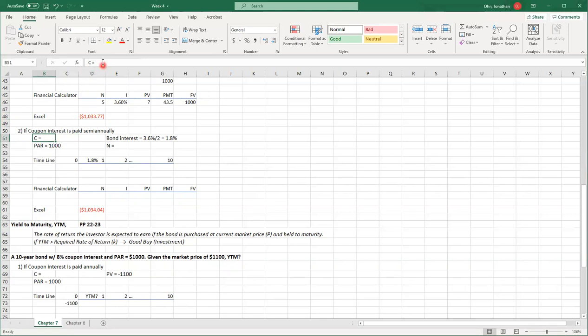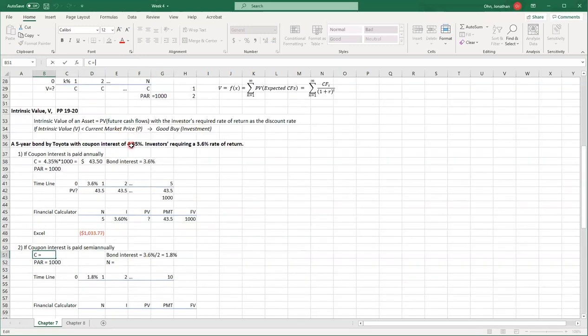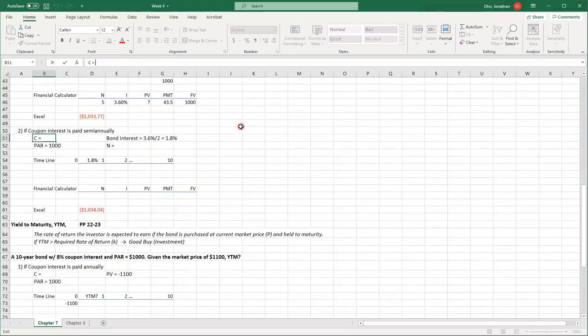Coupon interest payment, that's the 4.35%. As I said, you have to multiply that by the par value, right?